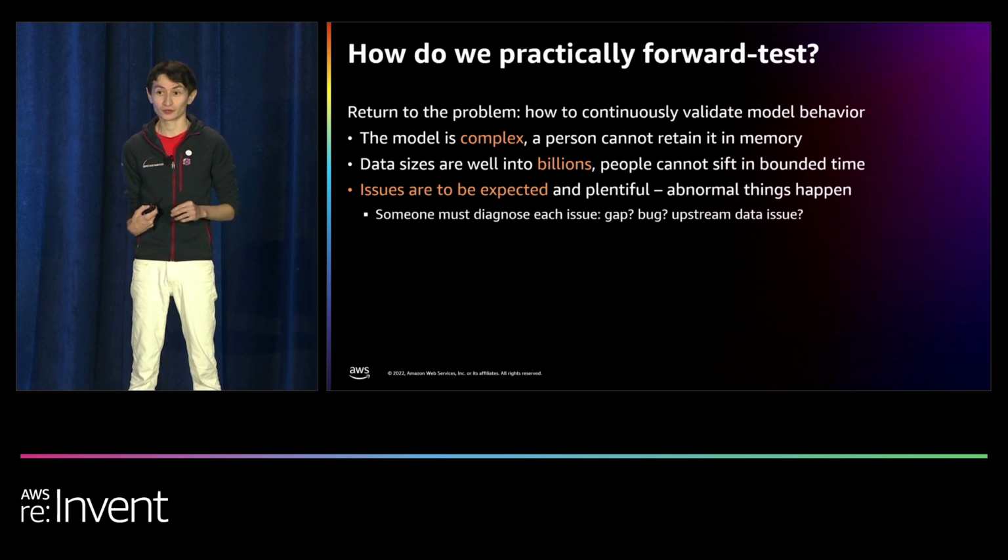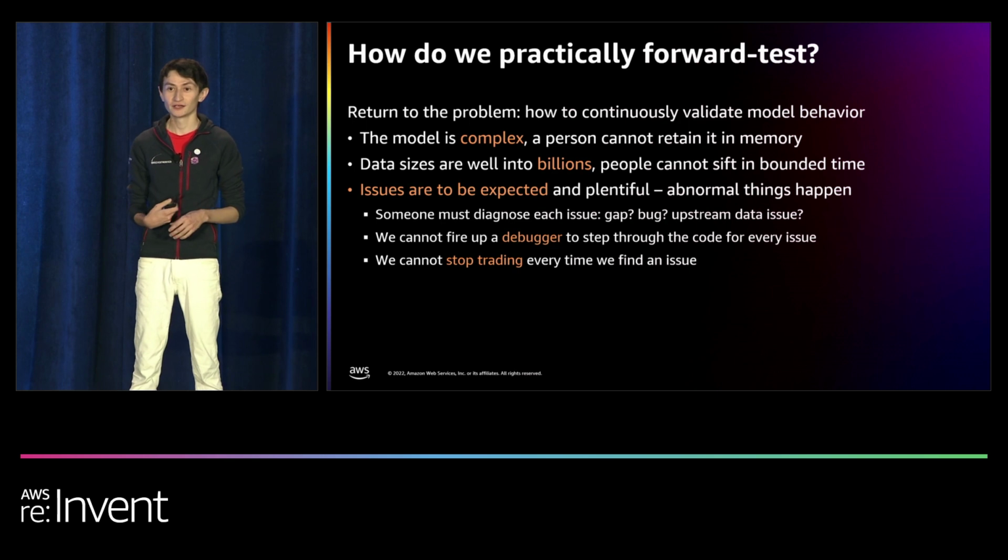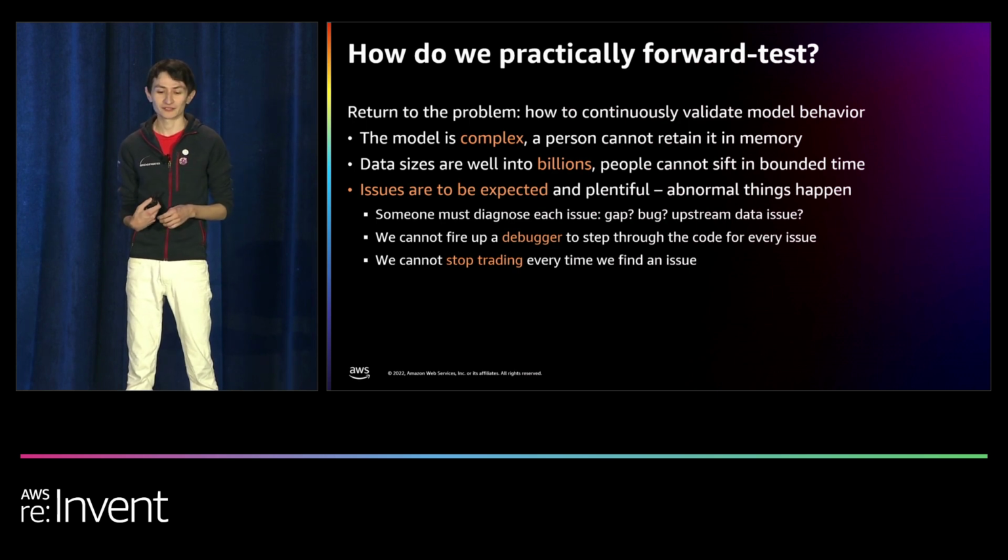That's a great way of debugging problems because you get all the context of what these variables are set to, what's happening in this line of code, basically. We can't actually do that for our case. The model is too big. We can't stop trading. We need to keep the ship moving. But we still need to be able to debug the behavior of these mini models.